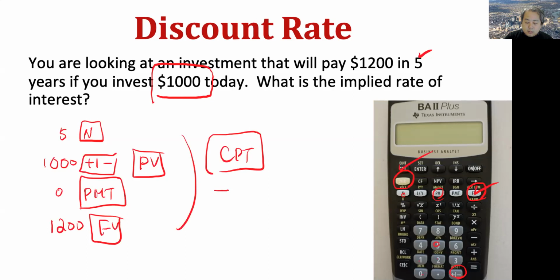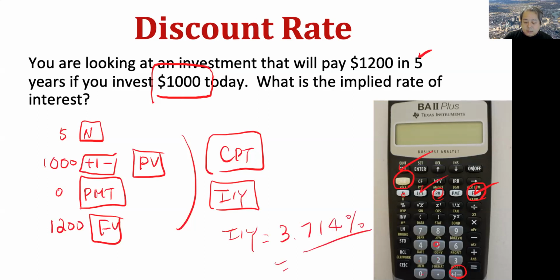Interest rate. I over Y usually takes a little more time, but you will get 3.714%. It's 3.71%. I mean, you can round to 2 decimal places. It's usually fine. So 3.71% is the answer. So that's the implied rate of interest.